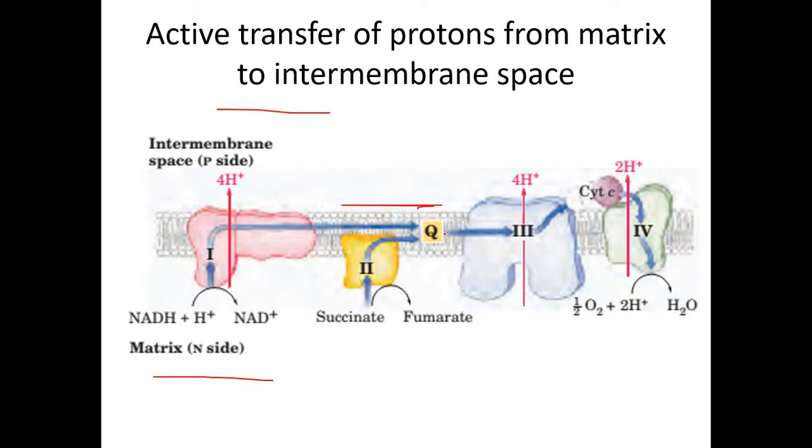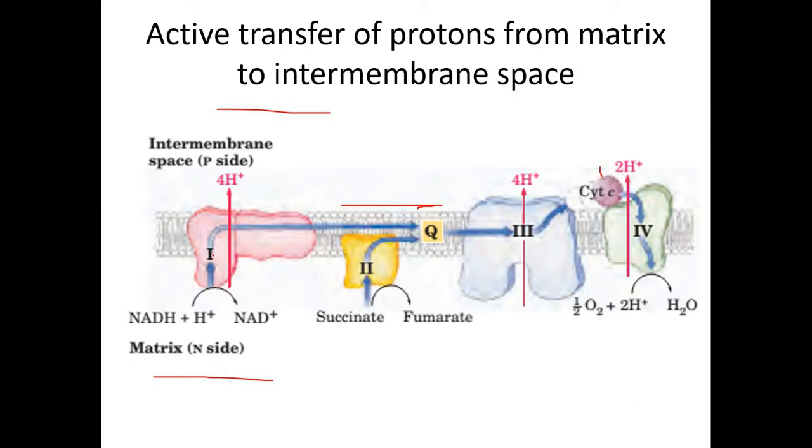Then cytochrome C has a higher reduction potential than ubiquinone, and that is why from ubiquinone the electrons are transferred to cytochrome C passively. And then from cytochrome C, the electrons are transferred to oxygen. Oxygen has a higher reduction potential than cytochrome C. Oxygen having the highest reduction potential is the final acceptor of the electrons.